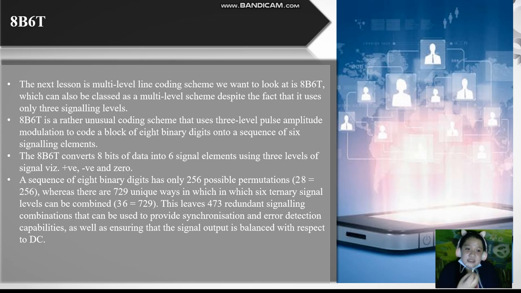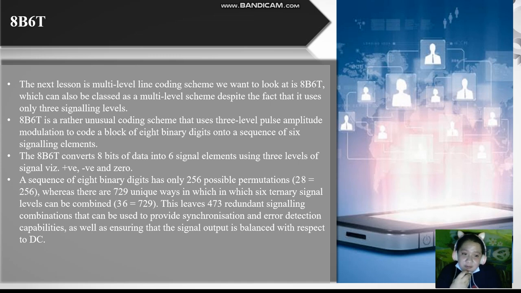The 8B6T converts 8 bits of data into 6 signal elements using 3 levels of signal: plus V, minus V, and 0.